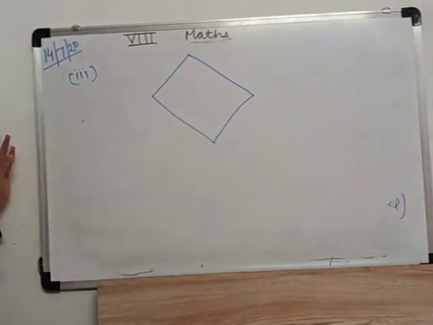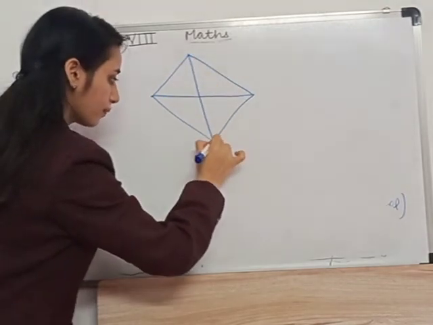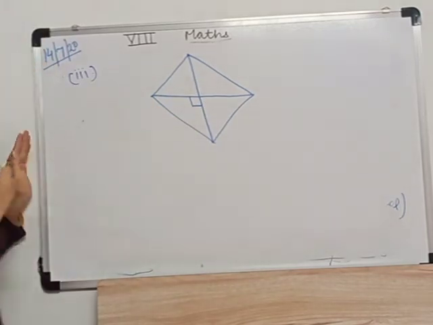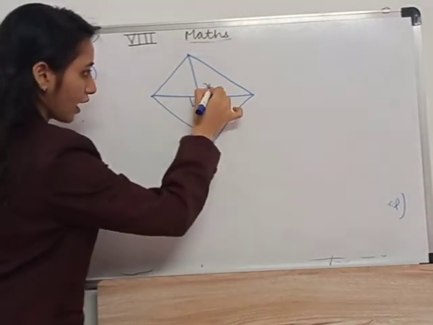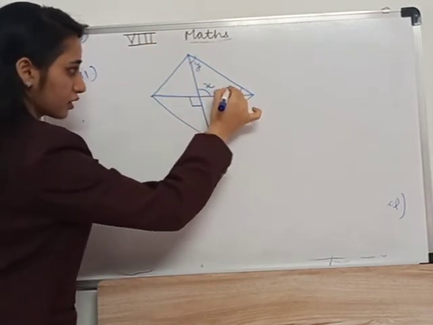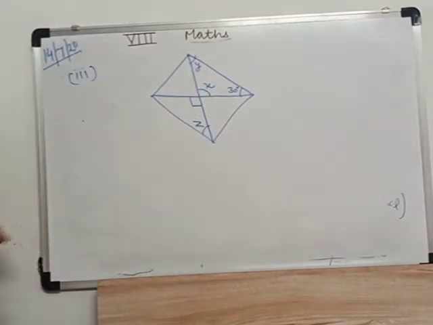In this, two diagonals are here. One angle is 90, this is the symbol of a right angle. Of the other angles, this one is x, another one is y, this one is 30 degrees and this one is z. This is the question.